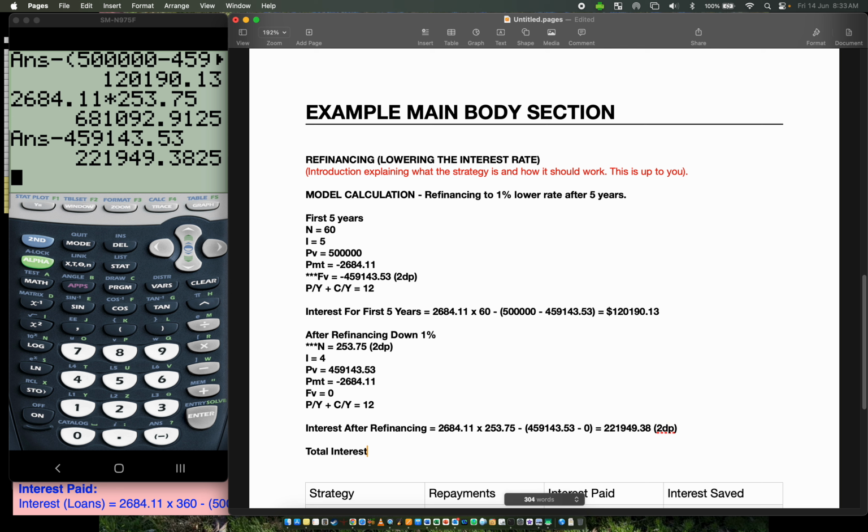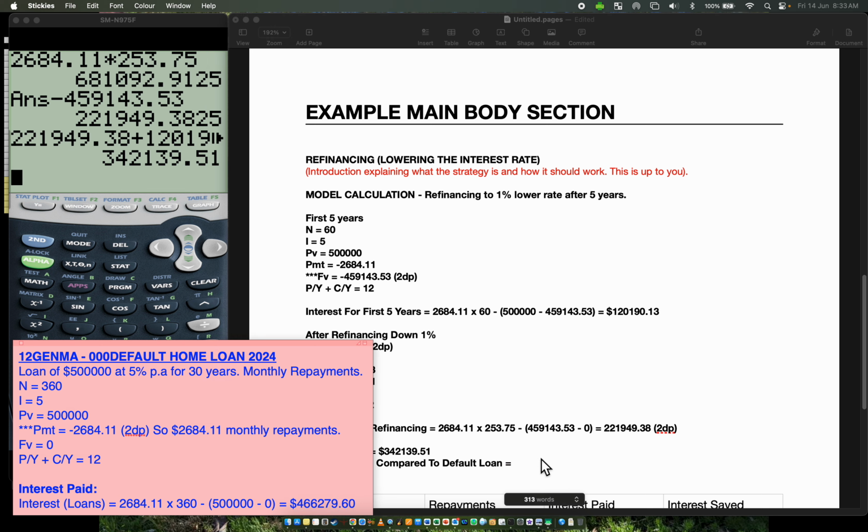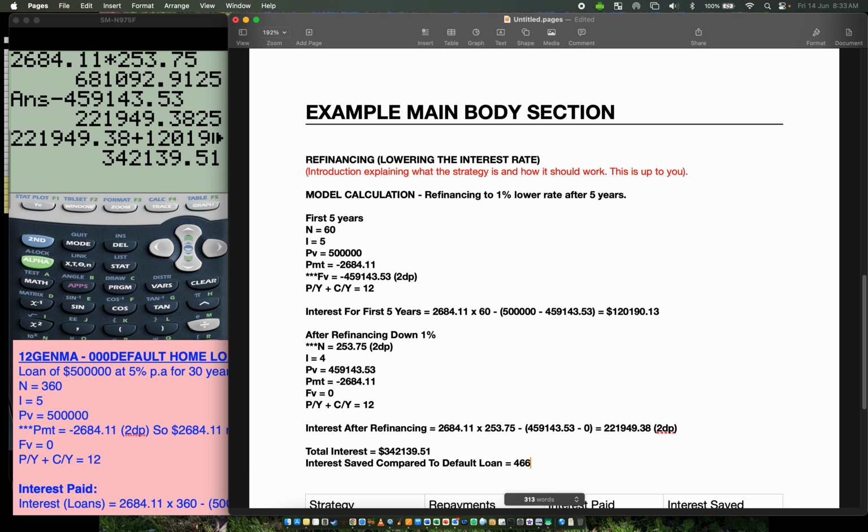Total interest equals 221,949.38 plus 120,190.13, which is $342,139.51 interest paid with refinancing. The default loan interest was $466,279.60.